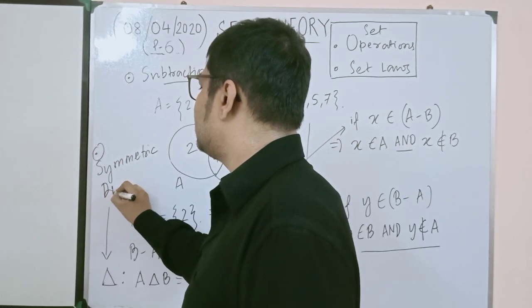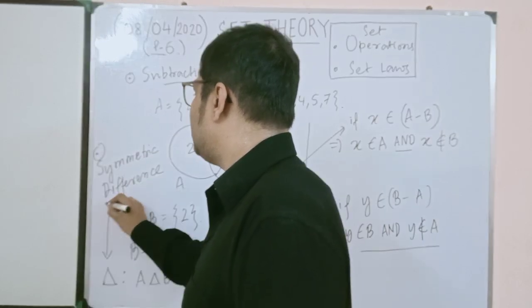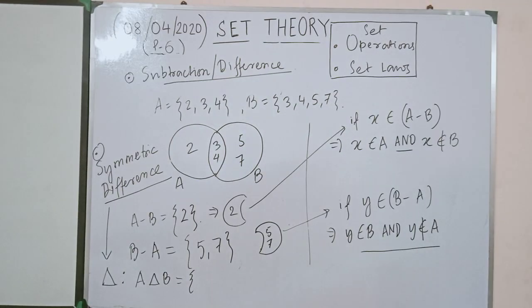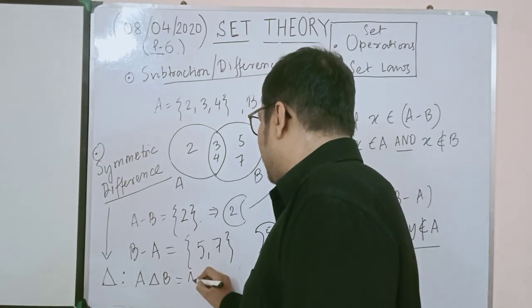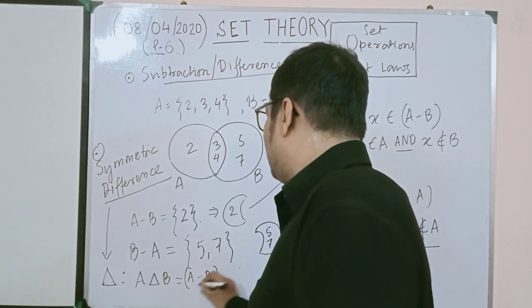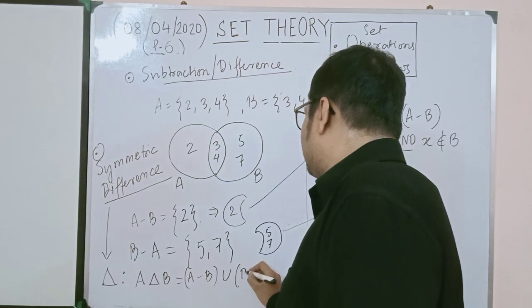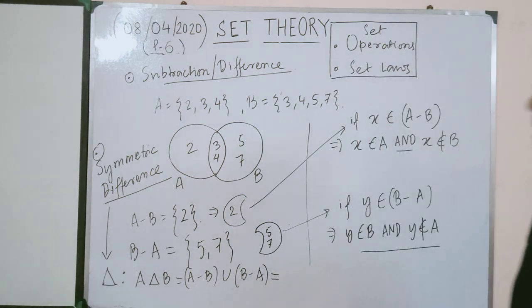It's called symmetric difference between two sets. So it will be A minus B when united with B minus A, you get all the elements.